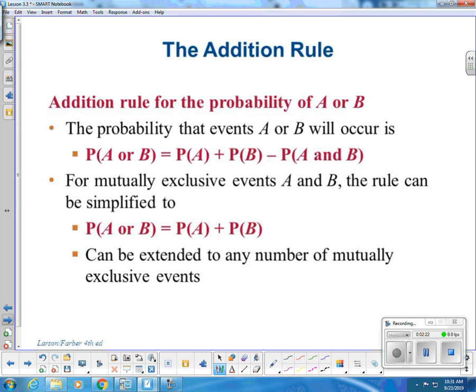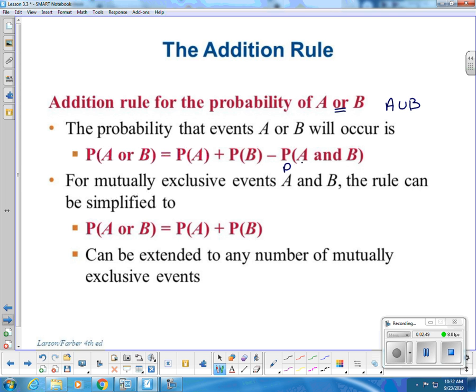Here we go. The addition rule. If you hear the word or, that means union. Sometimes the rule will show this, A union B. It's basically the probability of A plus the probability of B minus their intersection.